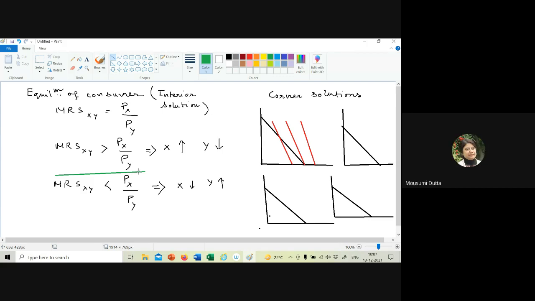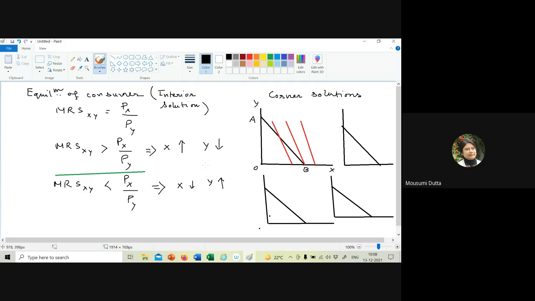Okay. So in the first case, let's mark the points. It will be easier. I'm considering a two commodity world. X and Y being the two commodities the consumer consumes. AB is the usual negatively sloped budget line.